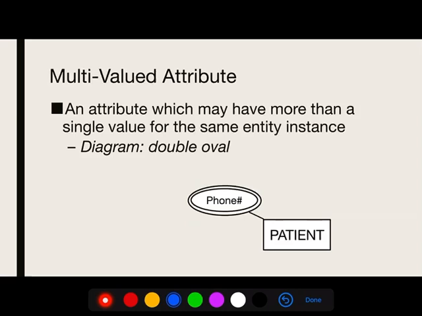So phone number is an attribute that may have multiple values for the same instance. And if so, we show it like this, with a double line on the oval. And that's a very special case, a multi-valued attribute.